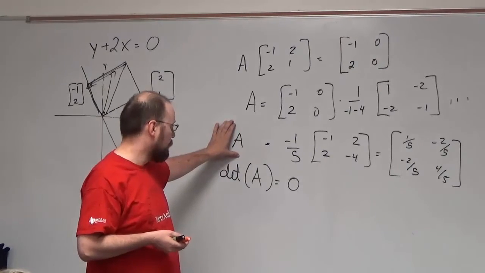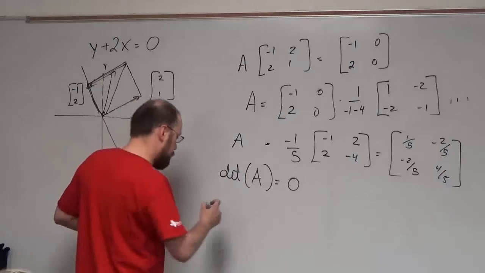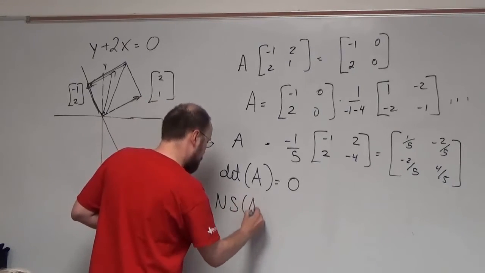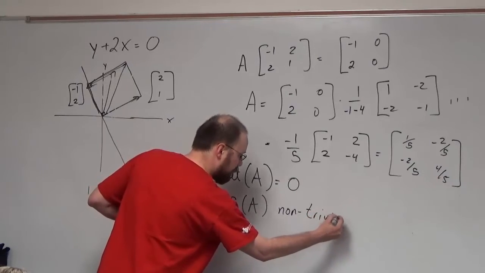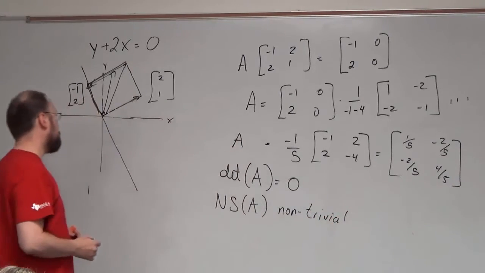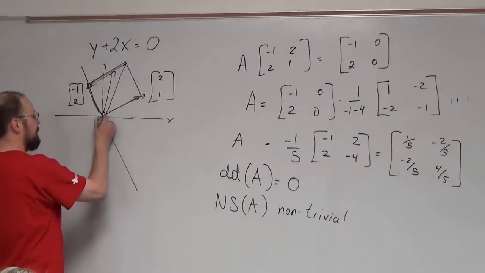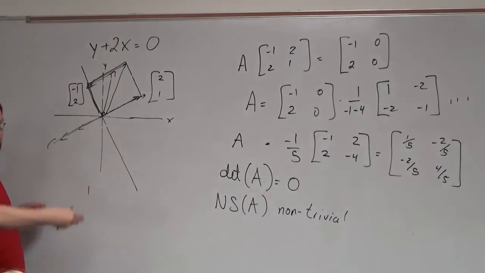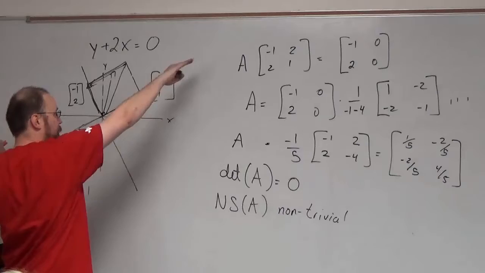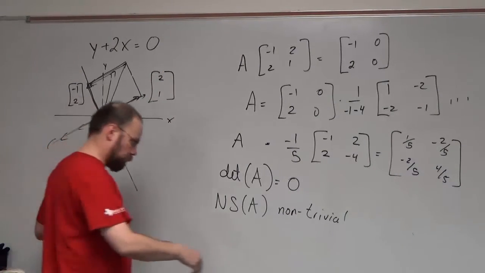But here the null space of A is non-trivial. We have vectors other than 0 in the null space. Can you see why? Any vector that lives on the line perpendicular to the given line will be collapsed to 0. So that whole perpendicular line is the null space.